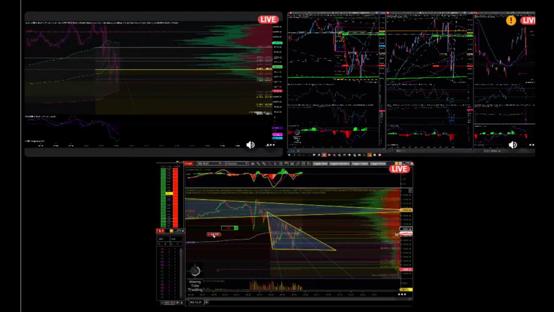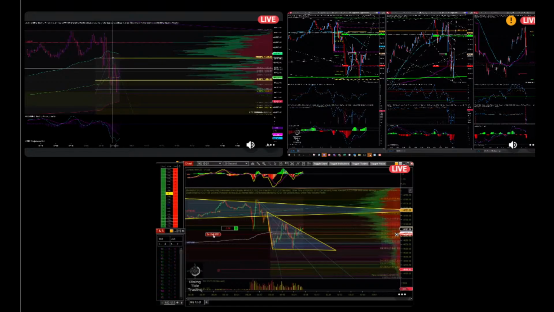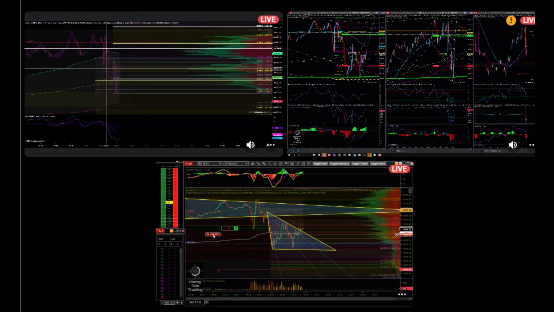Price is getting its butt whooped here. Wow, I just got my ass whooped here now.